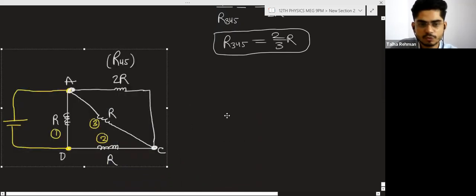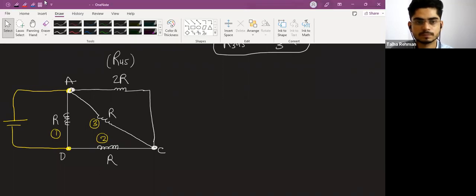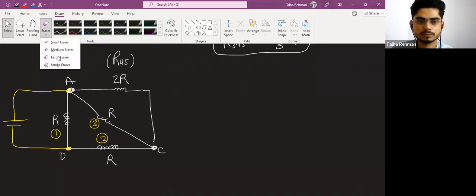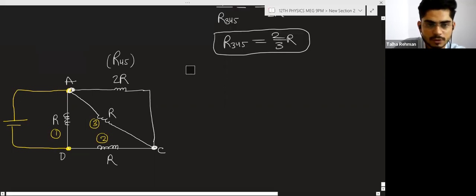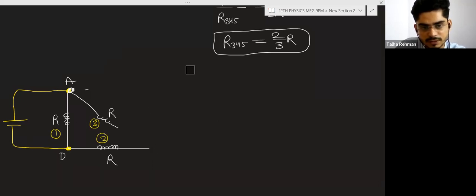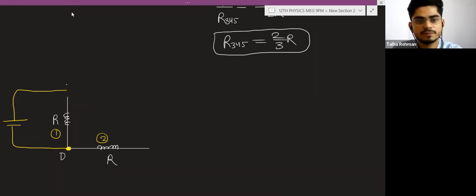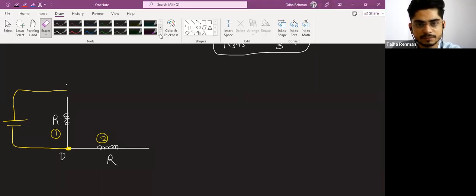So now I am just removing this resistance and connecting a resistance of 2 by 3R instead of this R and 2R. I am connecting a single resistance of value 2 by 3R.